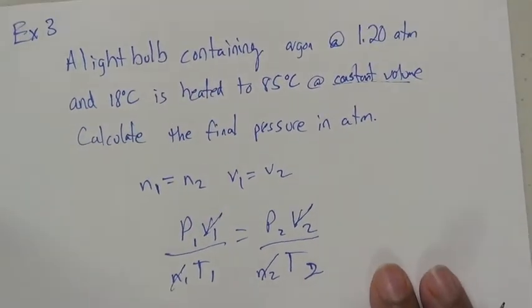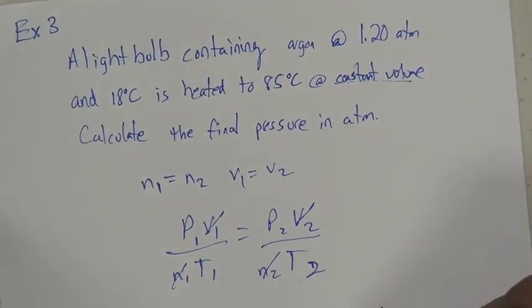Our P1 is equal to 1.2 atmosphere. Our P2, we don't know. Our T1 is going to be 18 plus 273.15, that's going to be 291.15 Kelvin.